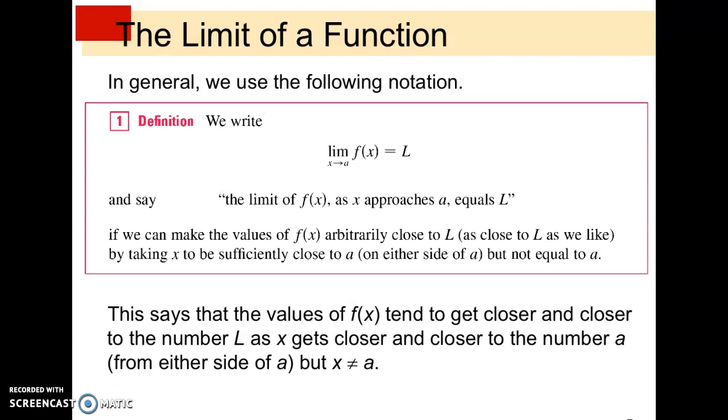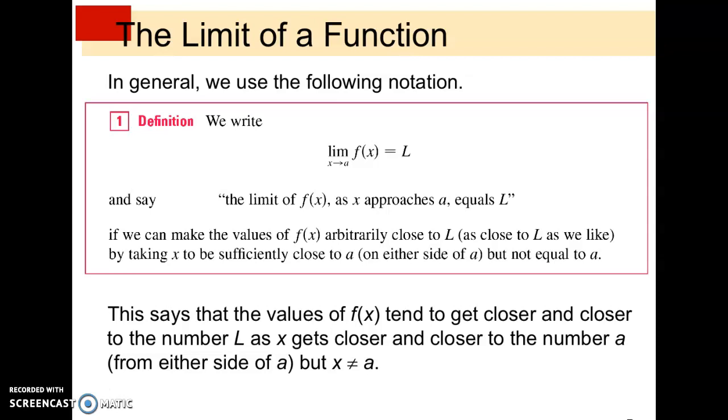So here's our general definition for a function and a limit. We say that the limit as x approaches a of a function f of x is equal to some number L, the limit as x approaches a is equal to L, if we can make the values of f of x really close to this number L, in our first case 4, as close to L as we like, by taking x values really close to a on either side, but not equal to a.